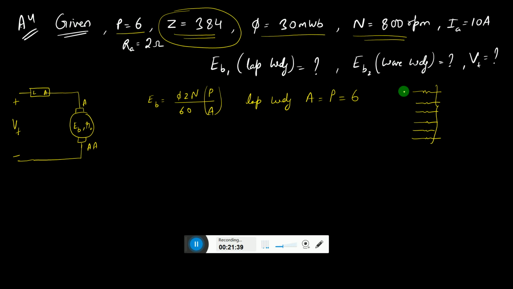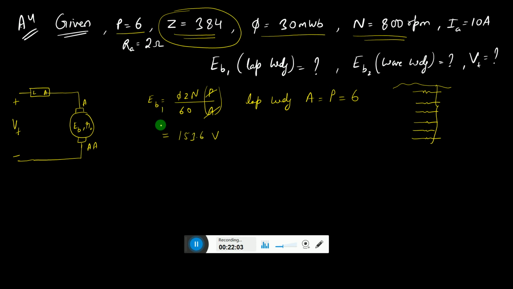That is why the EMF induced in one series circuit will reduce. If you cancel P and A because they are equal, you will get the value of Eb1 as 153.6 volts.